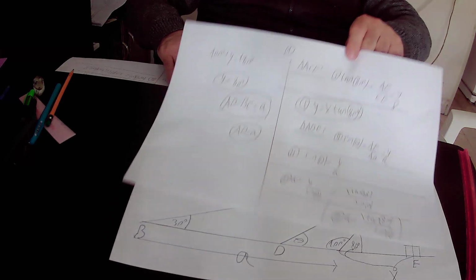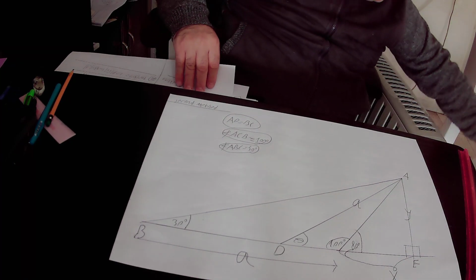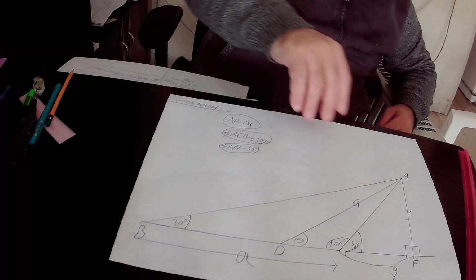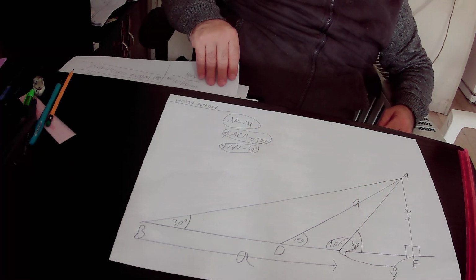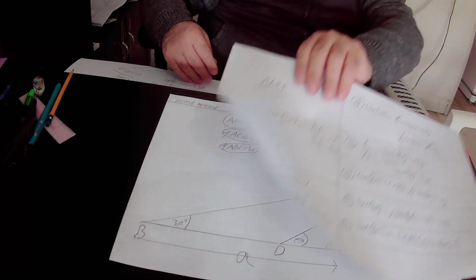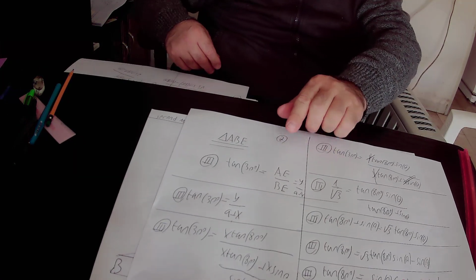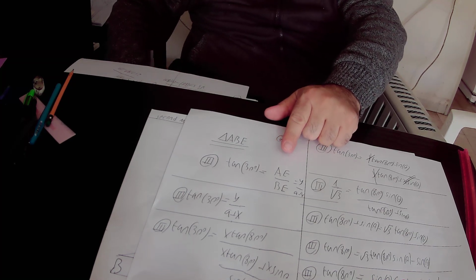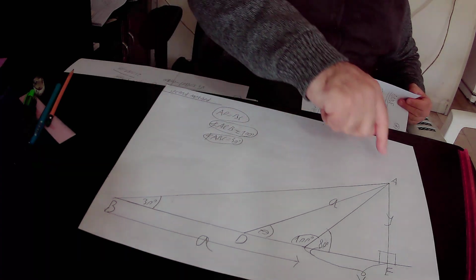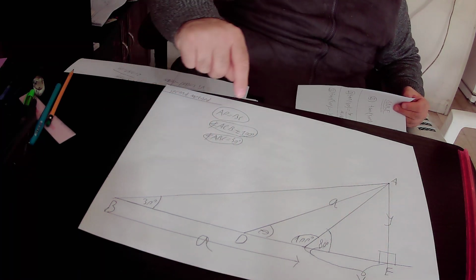And then we focus on the right triangle ABE, the big right triangle ABE. We know that in the right triangle ABE, tangent 30 degrees equals AE over BE.